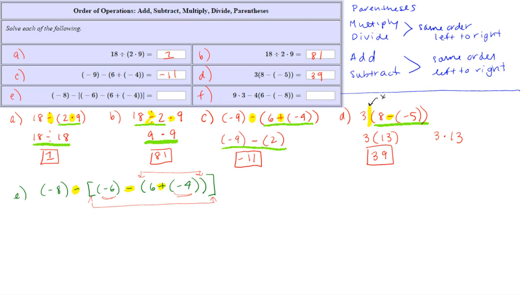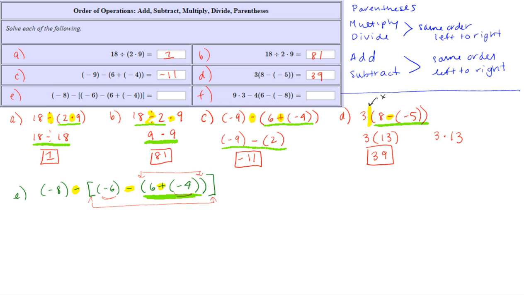And now let's think of what we do first. So we do whatever's in the parentheses first, but we actually have nested parentheses. And by that I mean parentheses within other parentheses, or in this case, brackets. So we need to do what's in the brackets first, but within the brackets there's also parentheses. So we need to do this operation first because it's in more parentheses.